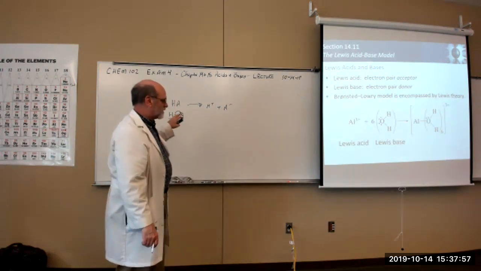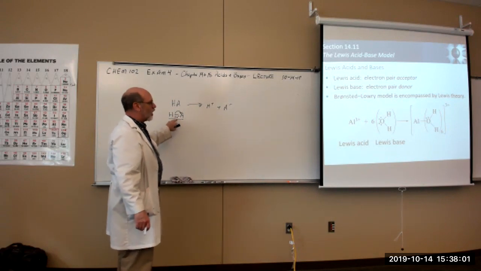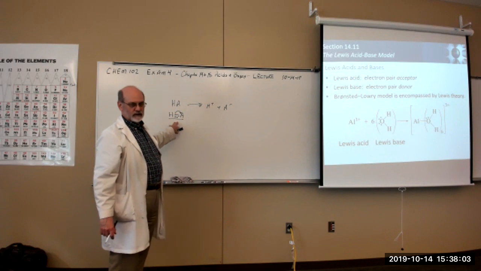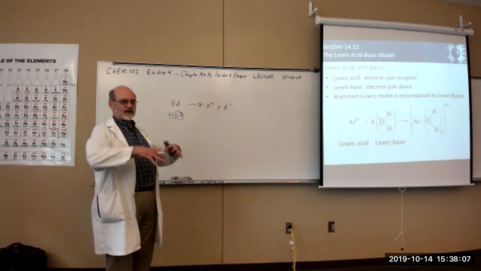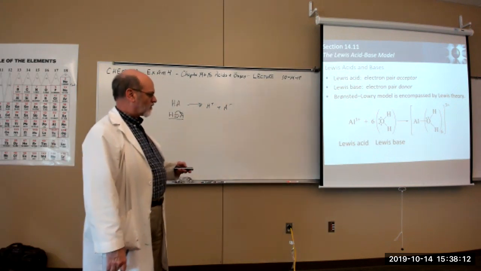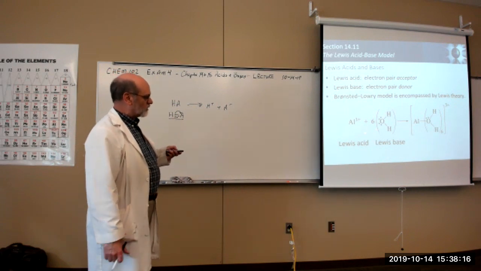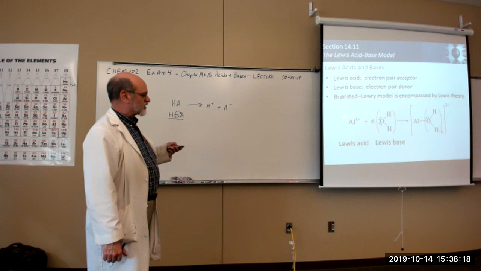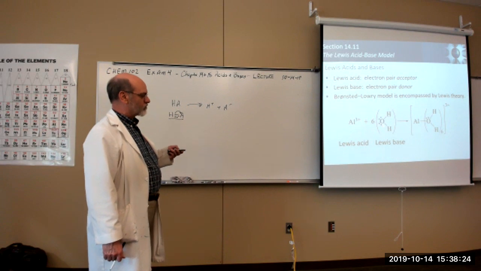So by that method, we find that the Lewis definition also fits the Bronsted-Lowry definition as well. So it encompasses Bronsted-Lowry, but expands it to include things that you normally would not consider. In this case, we're going to say the aluminum ion comes into contact with water, right?